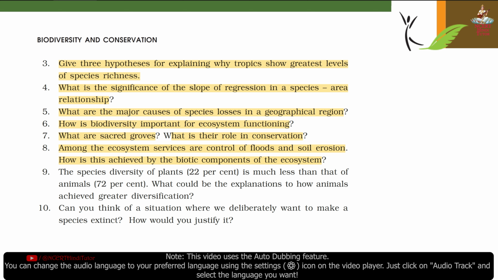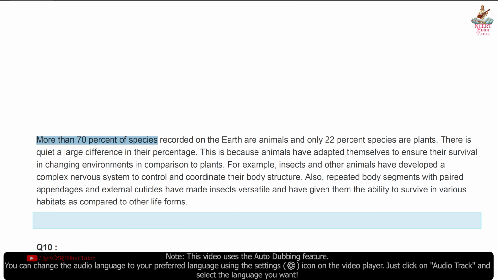Question 9. The species diversity of plants 22% is much less than that of animals 72%. What could be the explanations to how animals achieved greater diversification? Answer. More than 70% of species recorded on the earth are animals and only 22% species are plants. There is quite a large difference in their percentage.